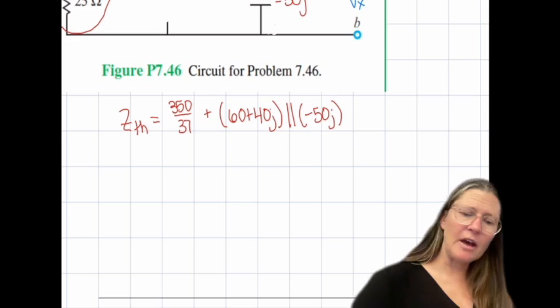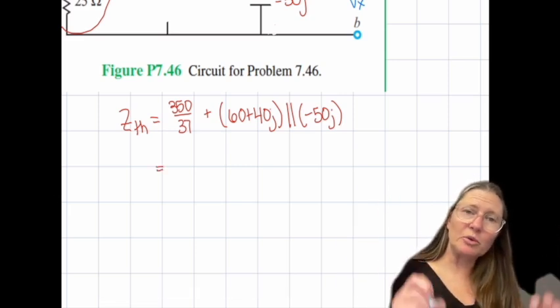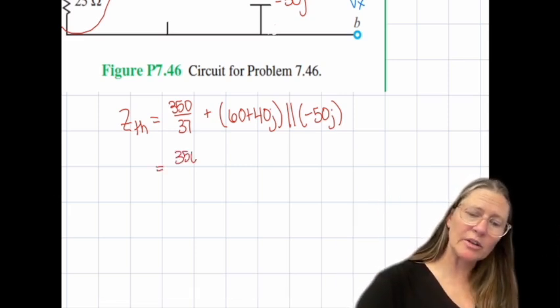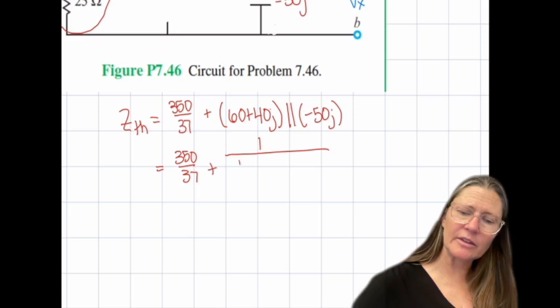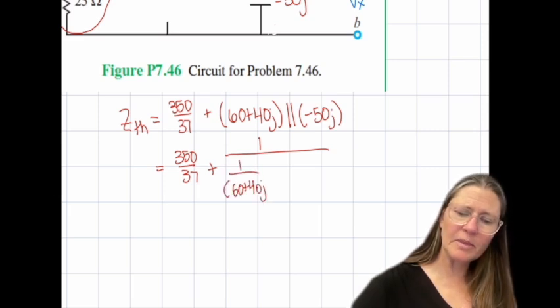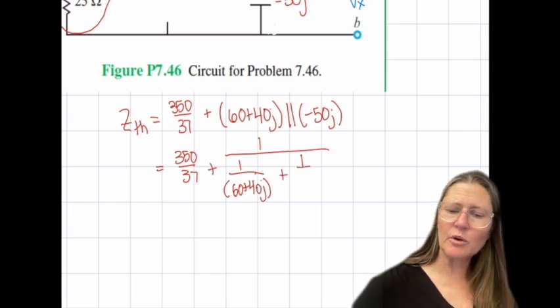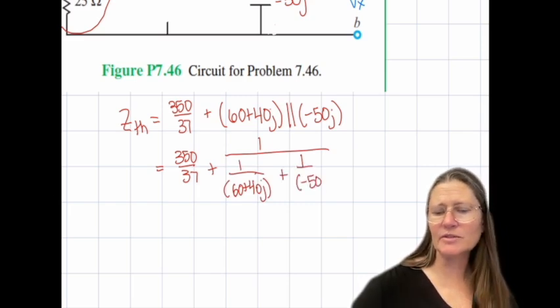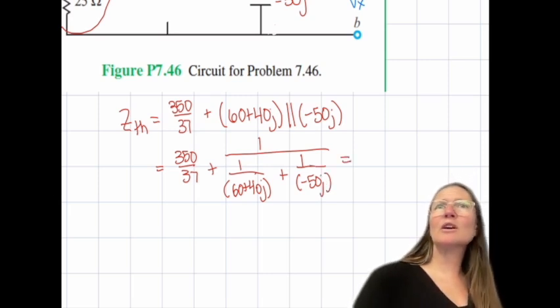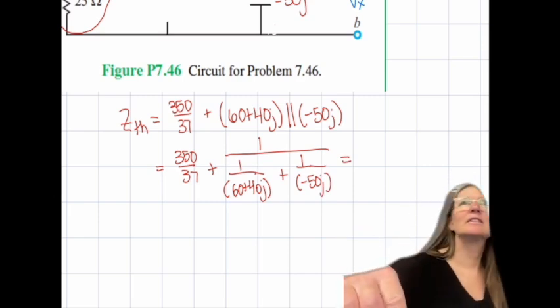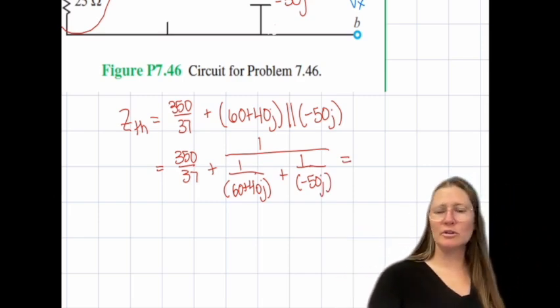You're going to keep that 60 plus 40J as one component together. So this in parallel looks like this: 1 over the quantity of 1 over 60 plus 40J plus 1 over minus 50J. You would put that into a calculator, and then that will give you your result.